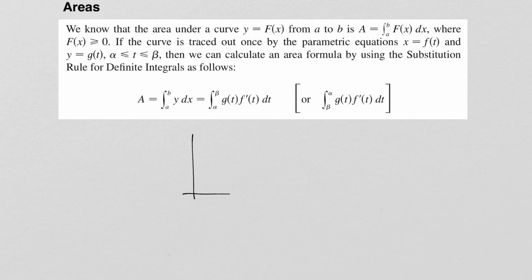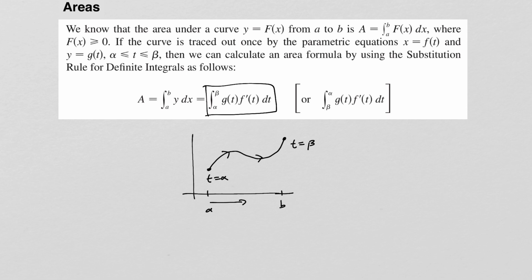If you have a parametric curve that is traced like this, where this is t equals alpha and this is t equals beta, so notice that as t increases, x is also increasing from a to b, then it's just the formula you see here.